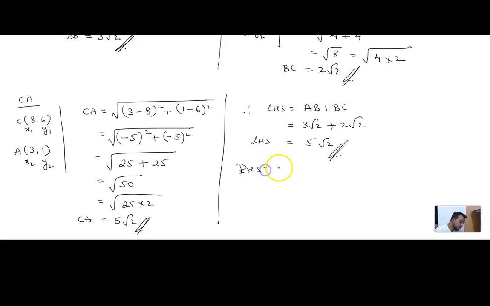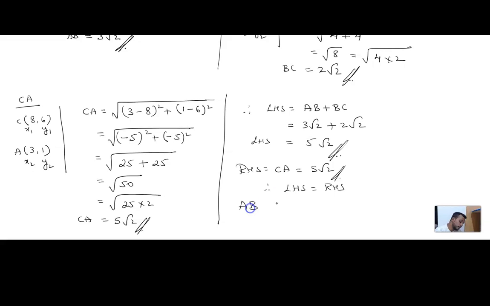Then RHS. So what is the RHS? RHS means CA. RHS is equal to CA, that is equal to 5 root 2. So therefore LHS is equal to RHS.